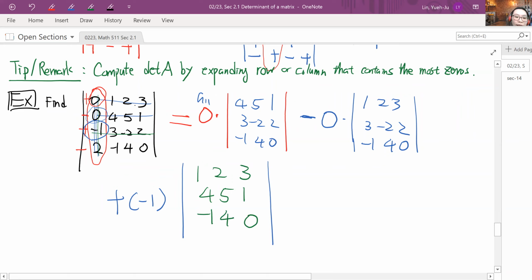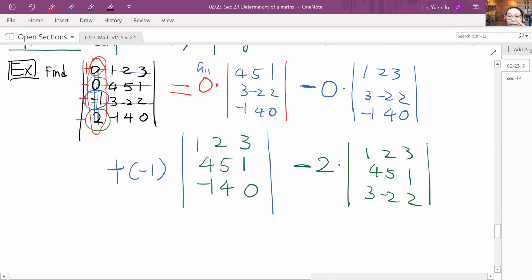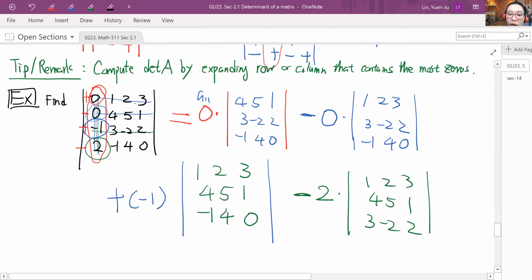Okay, and the last one, plus minus, the last one is 2 times the corresponding 3 by 3. So you can see that, like what I said, if you expand along the row or column that has the most 0s, you don't even need to care about this 2.